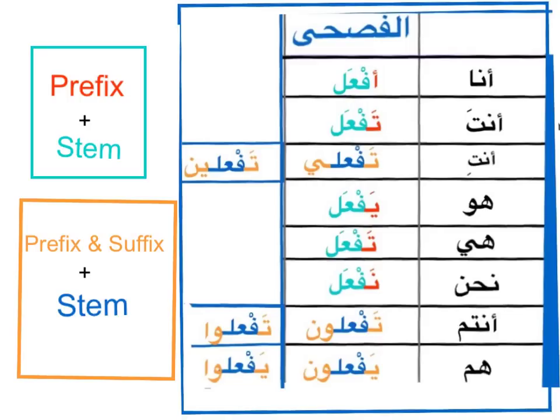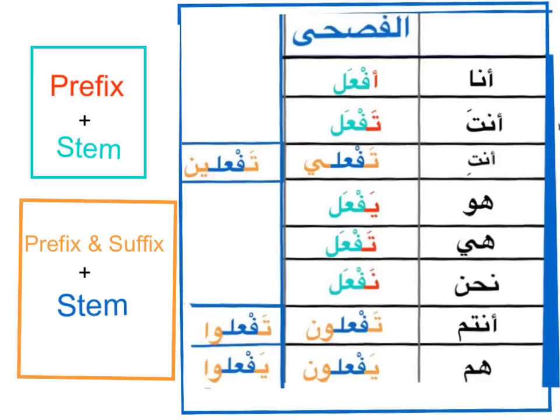So in this chart, we have in fusha, verb to do, أنا أفعل, I do. So as you can see, we have the stem, فعل, plus the prefix a for the subject pronoun أنا. Same for أنت, تفعل, ت equals أنت. أنتِ, تفعلي or تفعلين.